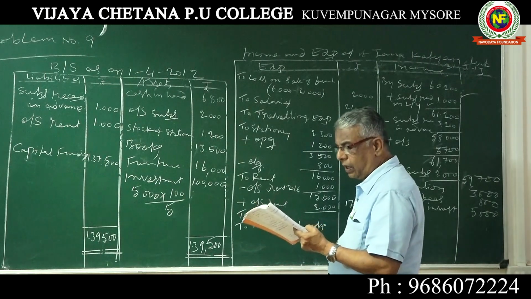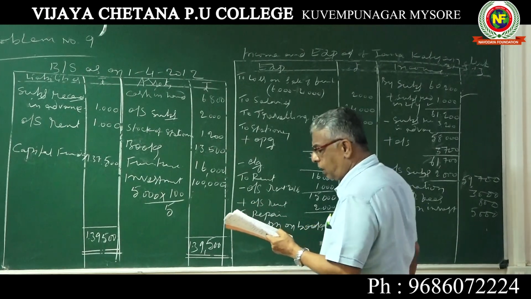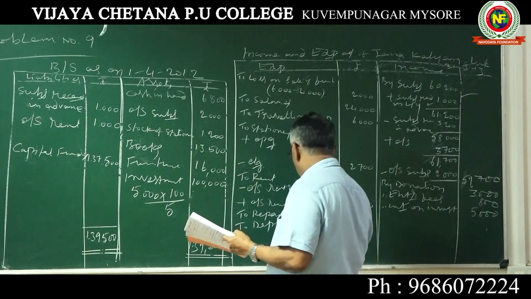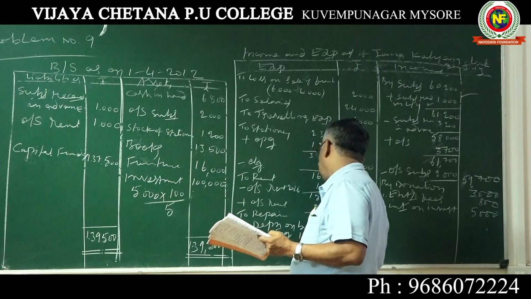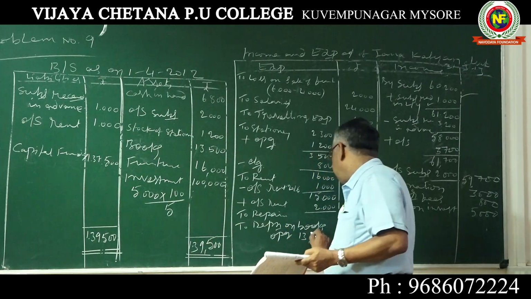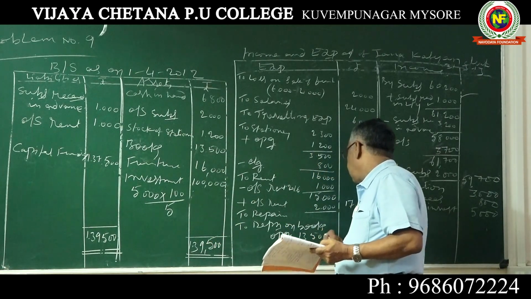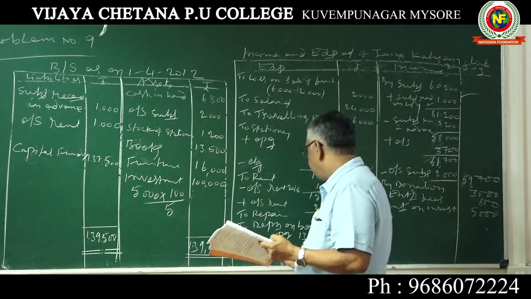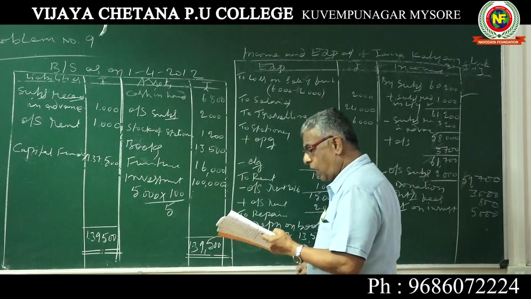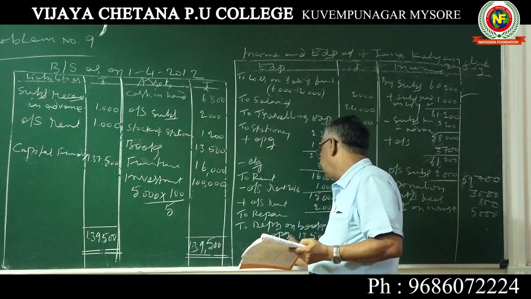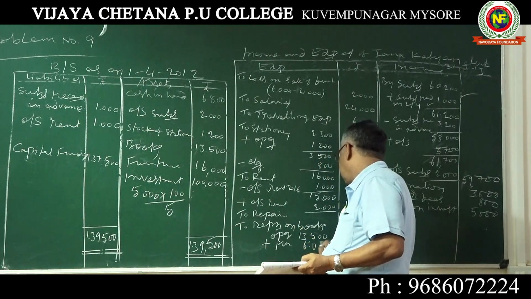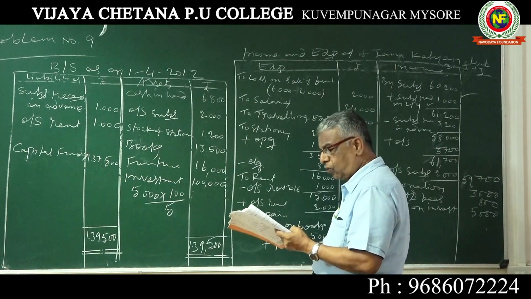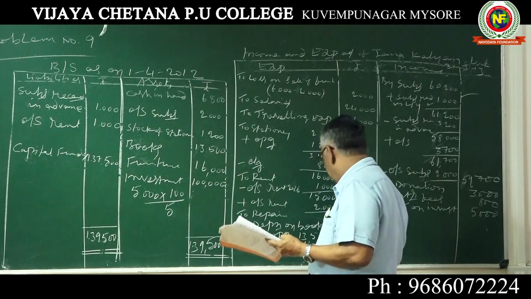Opening stock is 13,500, and add purchases during the year, 6,000, total 19,500.